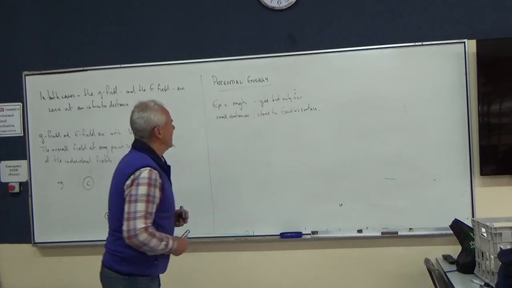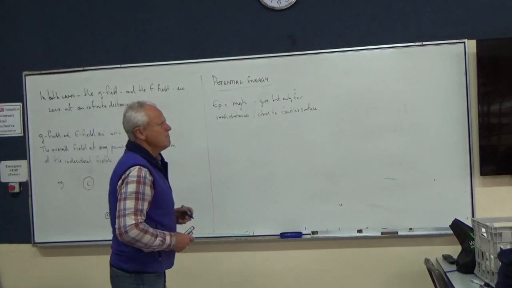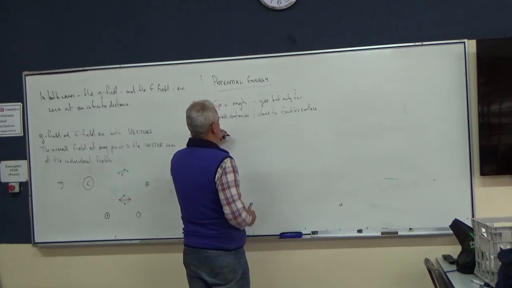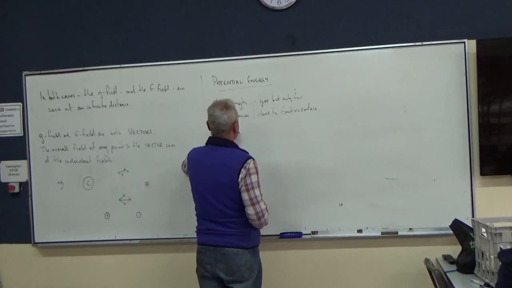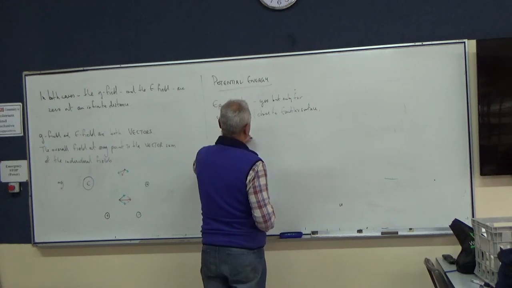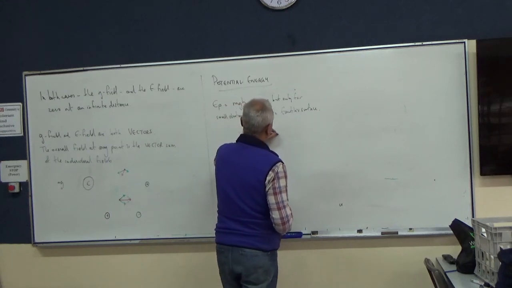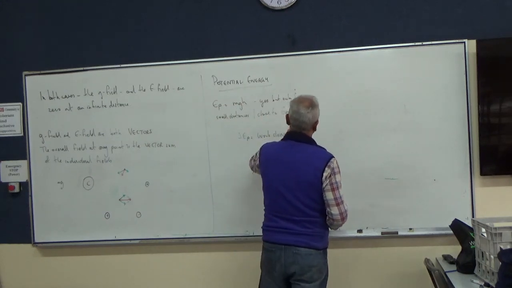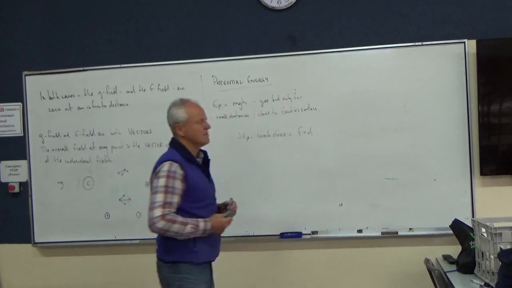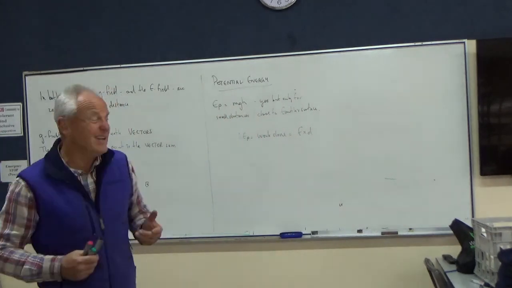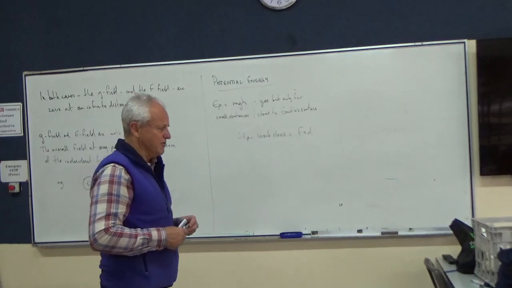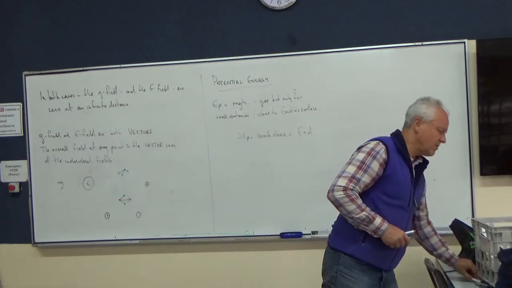Okay? Because really where potential energy comes from is that delta EP equals work done equals force times distance. Now again, that's not totally true.